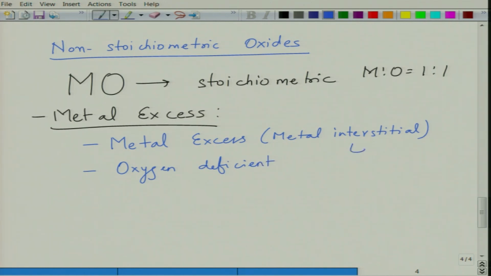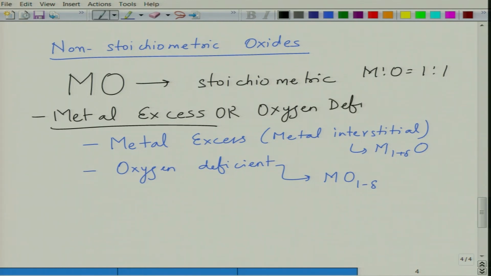So, in this case you may have M1+delta O, where delta is very small, it could be 0.01, 0.1 or 0.001, and oxygen deficient would mean MO1-delta. So, these are the two possibilities that may exist. You may call them metal excess or oxygen deficient.